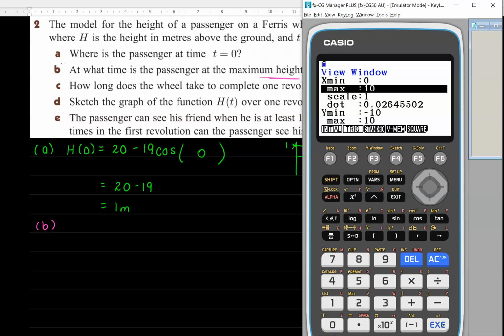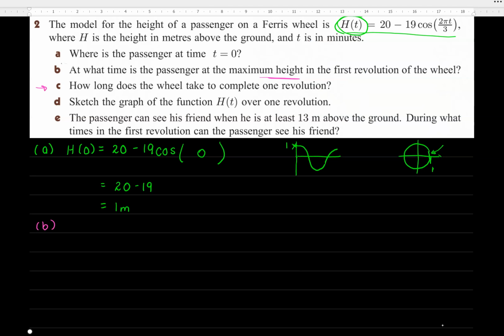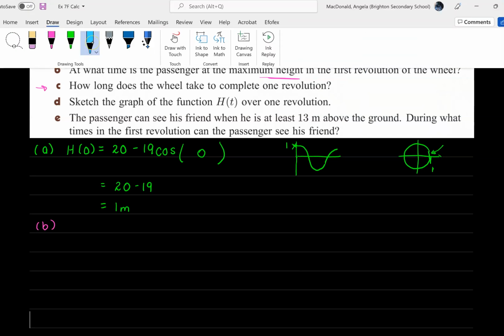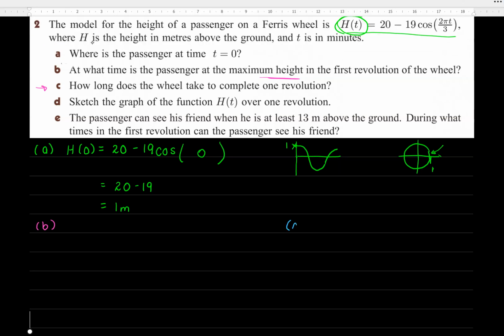Our maximum, we would like to set that to how long it takes to complete 1 revolution. Now, we don't actually know that yet, the wavelength. That's what we're going to do in part C. So let's actually do that now, just to make our life easier. To find how long it takes to complete 1 revolution, that is finding our period. So remember, the period is 2 pi over b.